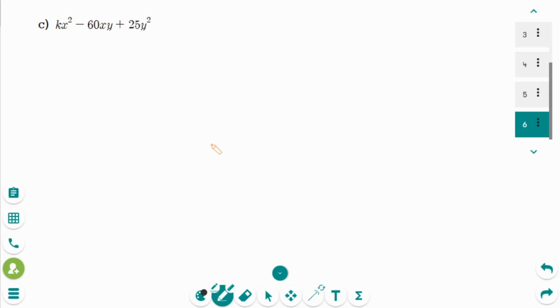This is the last question. This trinomial can be factored. ax minus 5y squared, because the sign of the middle term is negative, so it's negative. Expand this factored form, use the formula a minus b squared equals a squared minus 2ab plus b squared. So this is the a part, this is the b part, then the minus sign here.